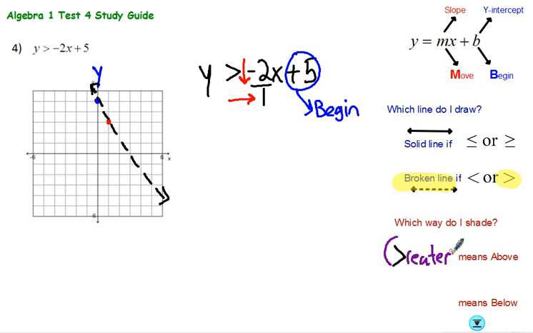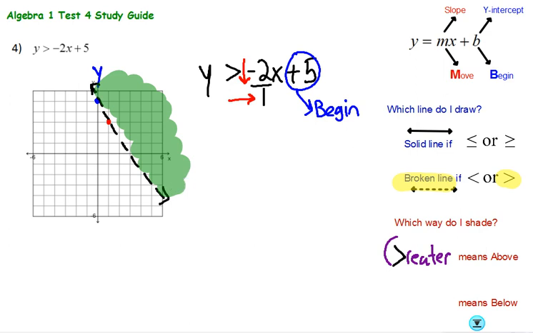So hopefully by the end of doing this study guide, you will never be unable to tell the difference between less than and greater than. At least that's our goal. So the greater than means above. So you're going to shade everything above where you are. If you think of what's above the line, everything in that direction would be above the line.